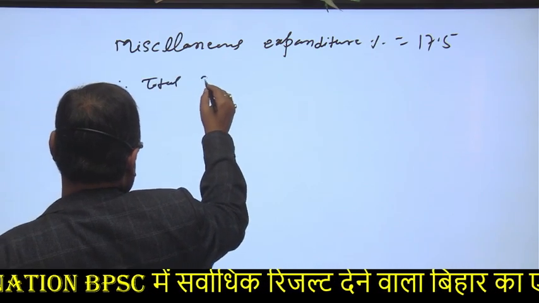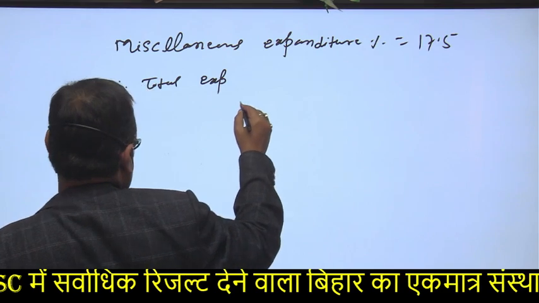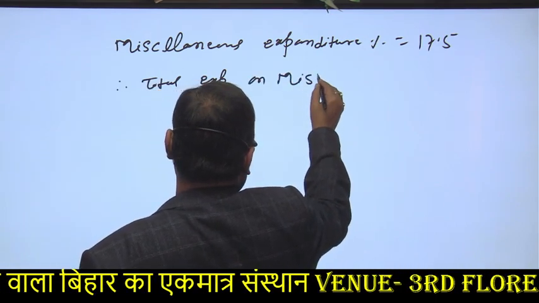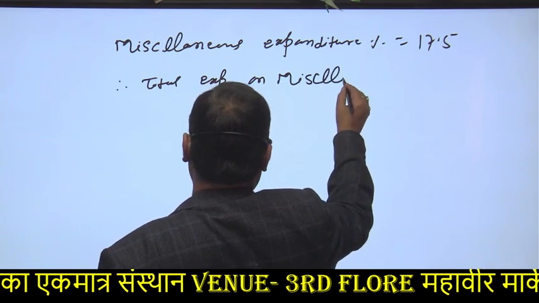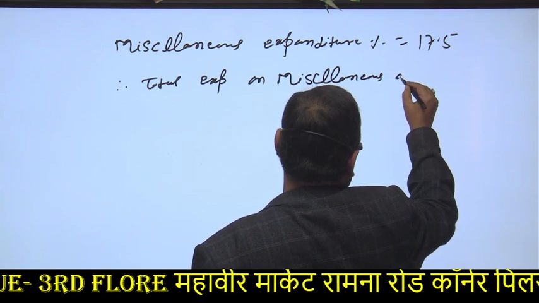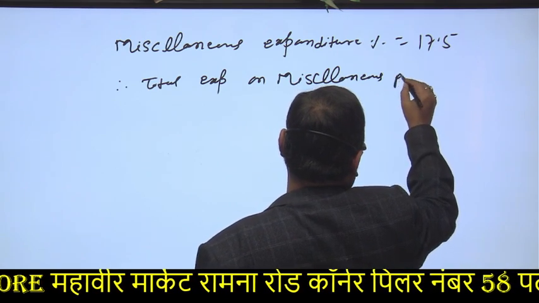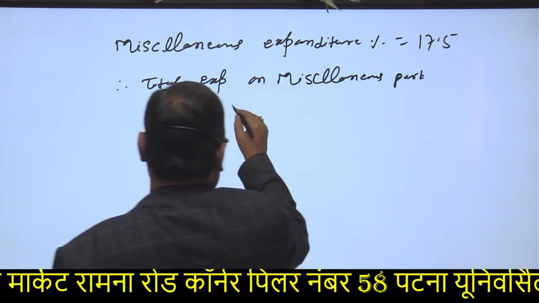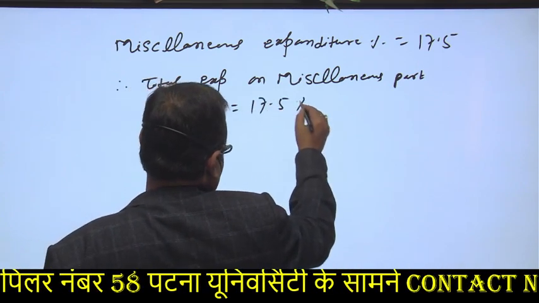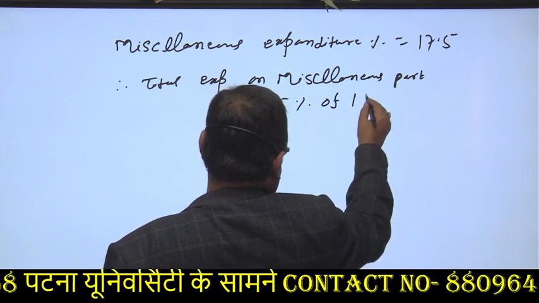Total expenditure on miscellaneous part equals 17.5% of 160.